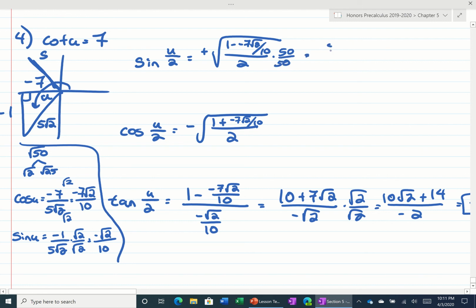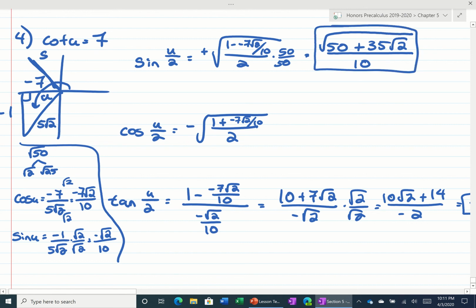And we would get 50 plus 35 root 2 all over the square root of 100. So that would be a rationalized answer. You should be able to go from here to here. What I did is I tried to figure out a perfect radical to make the bottom, and I also tried to figure out what would also get rid of that.